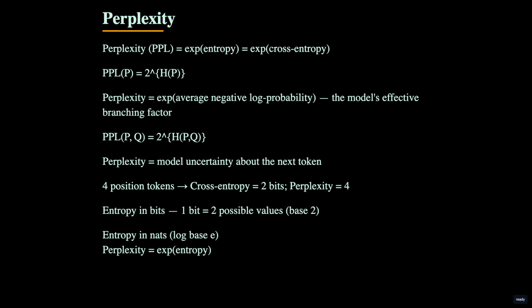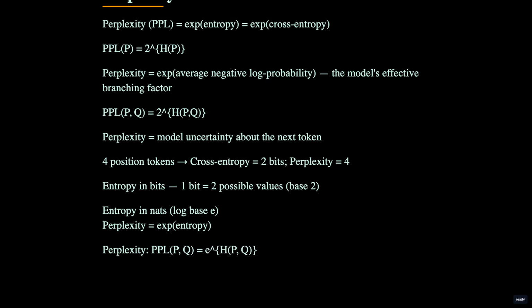If you instead measure entropy in bits, perplexity would be 2^entropy. PPL(P,Q) is perplexity, and H(P,Q) is the cross-entropy between the true distribution P and the model Q. Exponentiating the cross-entropy turns the average log loss into an intuitive effective number of choices per token. Lower perplexity means the model's predictions are closer to the true distribution.